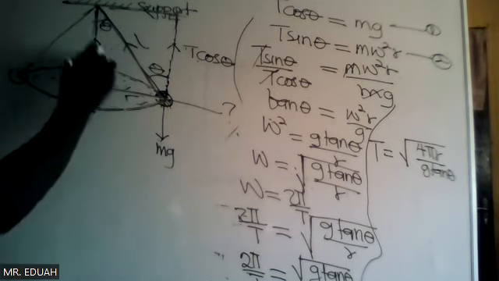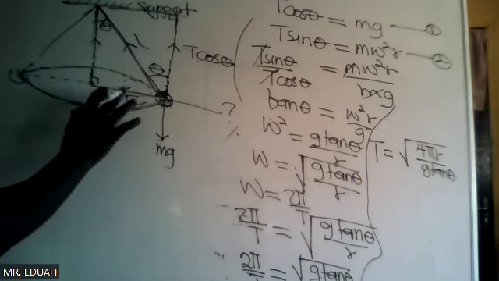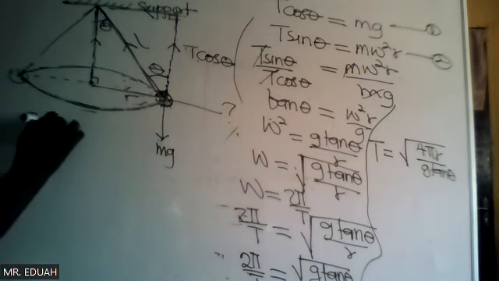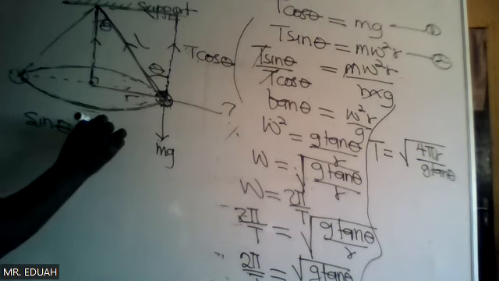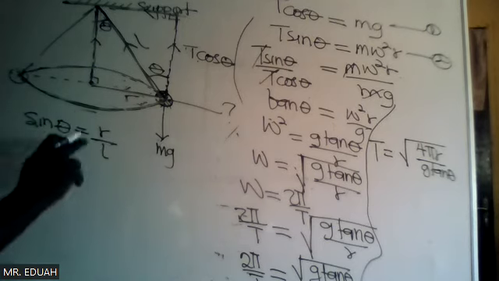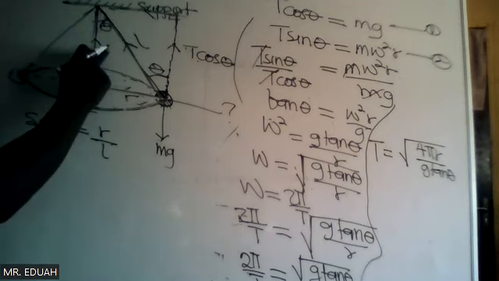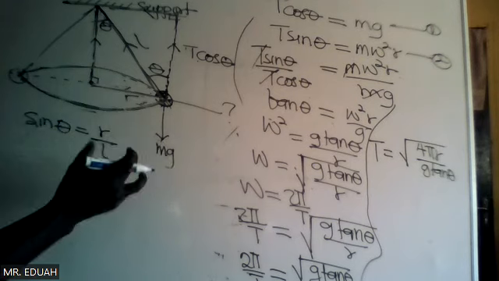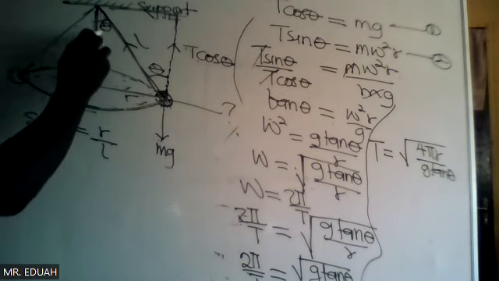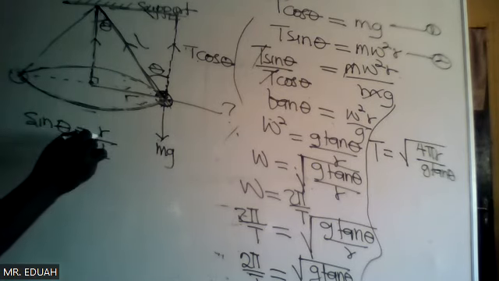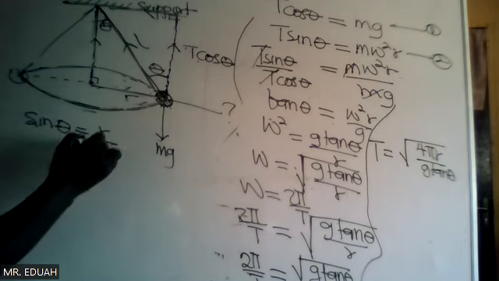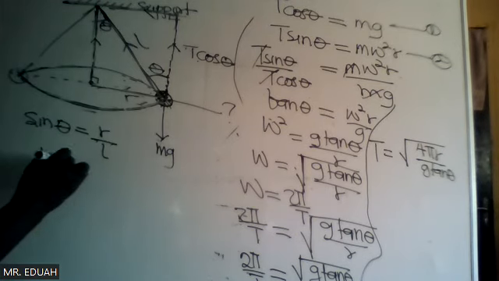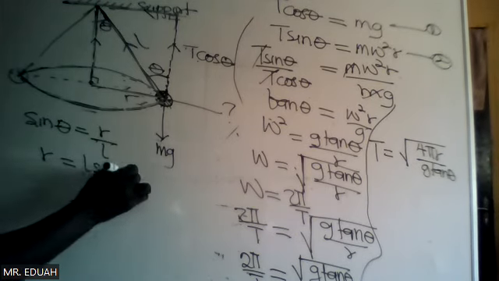So we can also resolve this when we find sine of the angle theta: sine theta is equal to R on L. So sine theta, in terms of displacement or length, is also equal to the radius of the circle divided by the length of the string, so that R is equal to L sine theta.